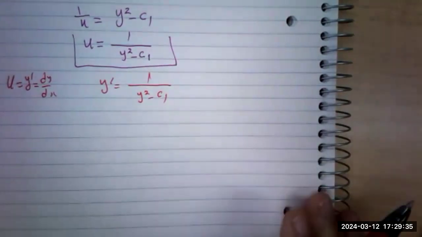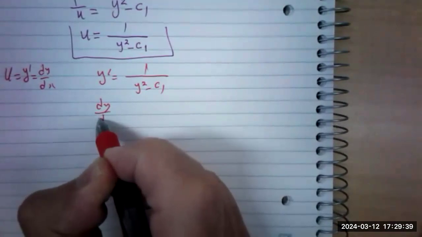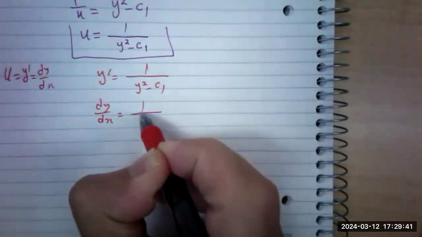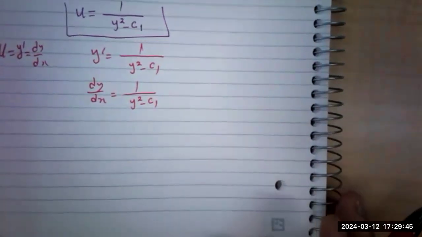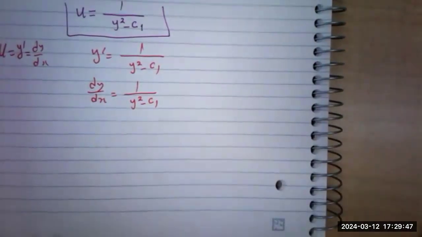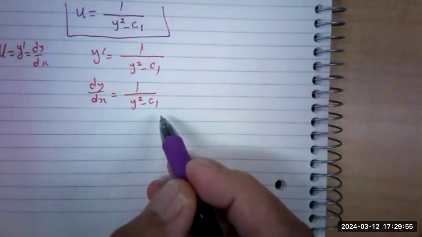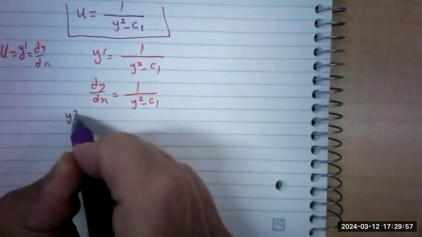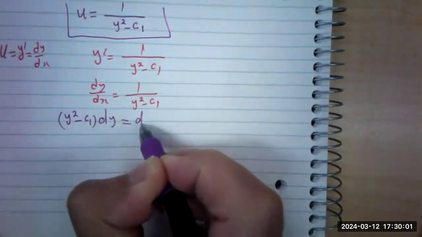Now we switch it into dy/dx and we work on that equation. Now cross multiply, this is what I talked about, and I'll take the integral directly. You have to cross multiply. So we cross multiply it, that gives you y squared minus c1 dy, and then we get the dx here.